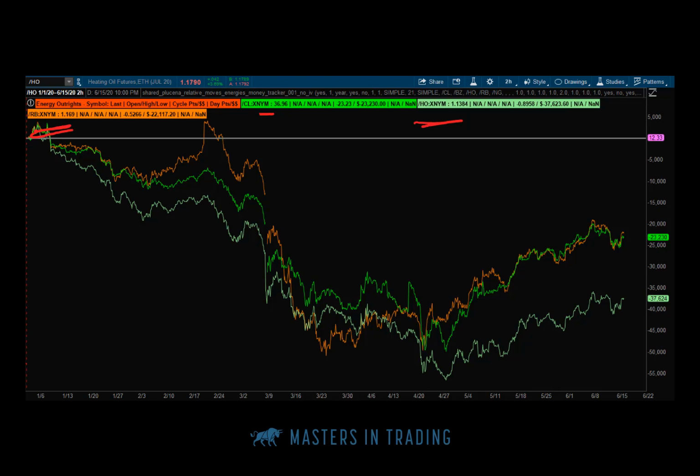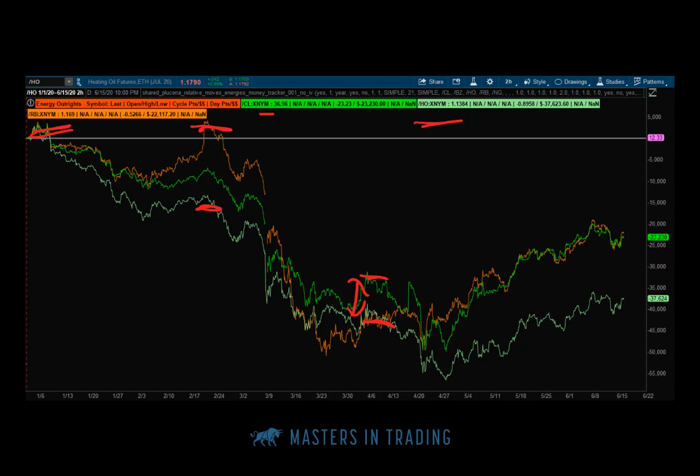For instance, right here, we may determine that RBOB gasoline is expensive relative to heating oil. Here, oil is expensive relative to the other 2. So you can do a spread trade where you buy one and sell the other one, or maybe you just decide that you want to sell CL.